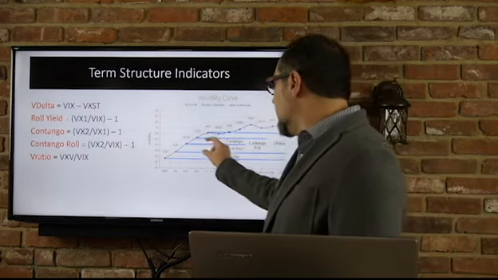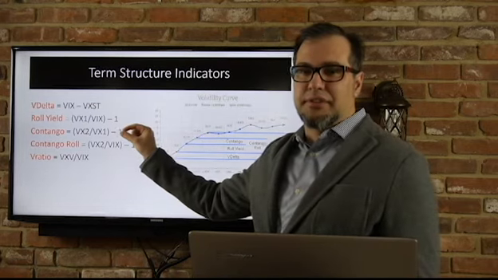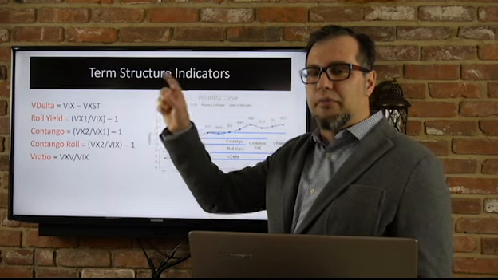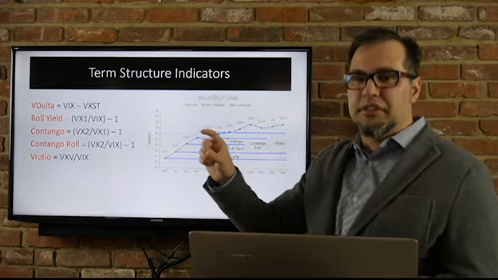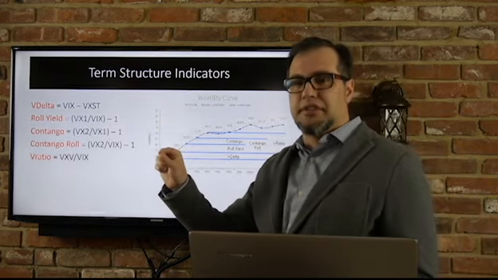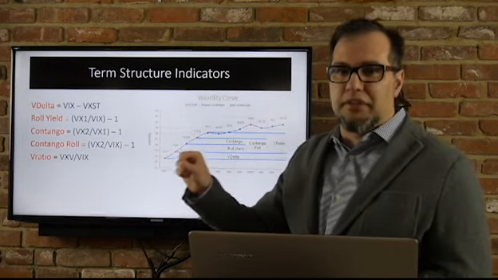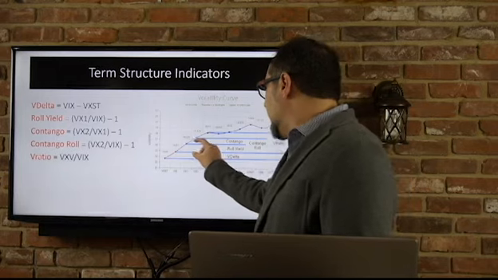So the roll yield will always collapse towards zero, whether from a negative value or from a positive value, as the VX1 future expires in the third week of the month. So this is the roll yield.